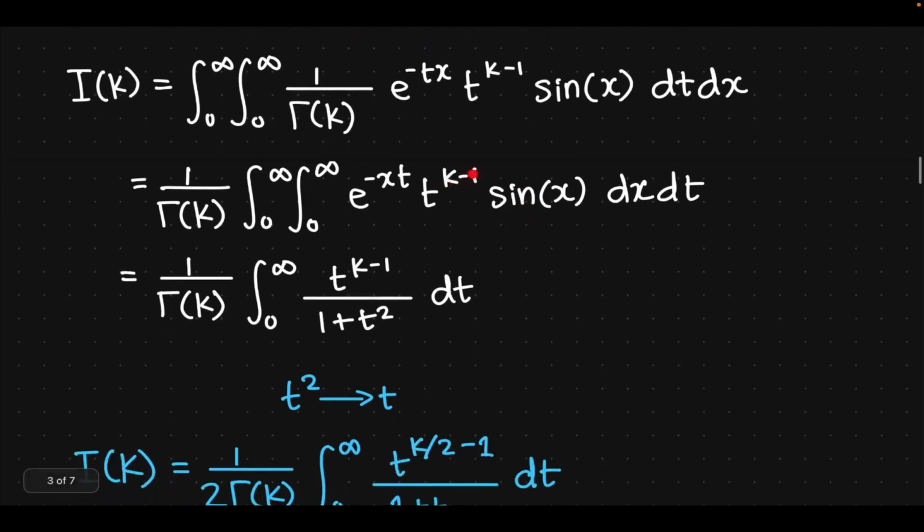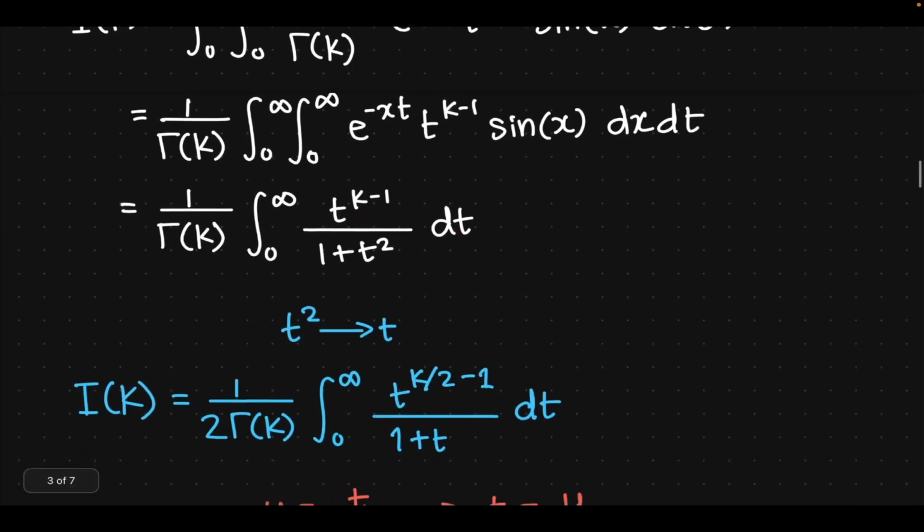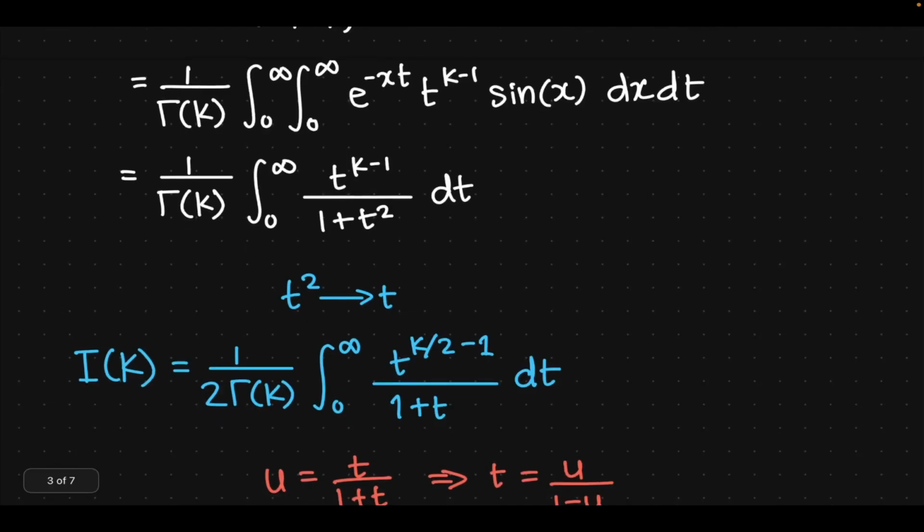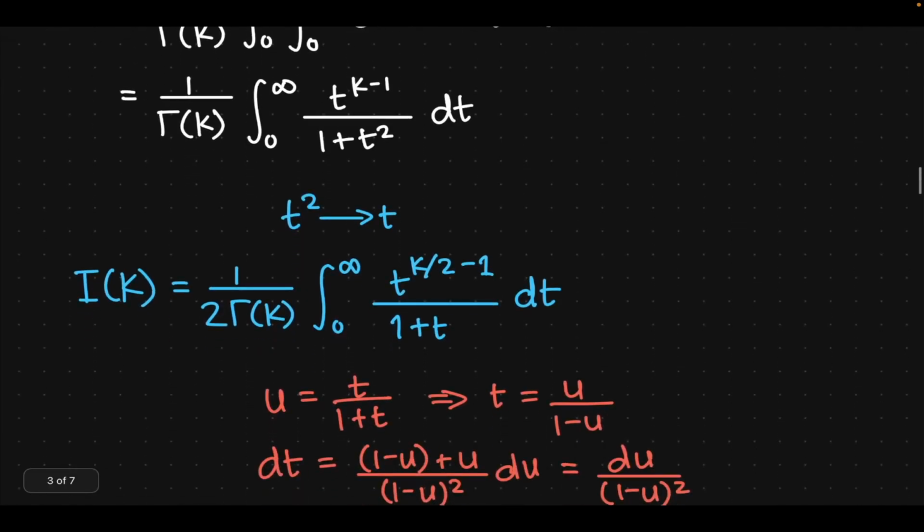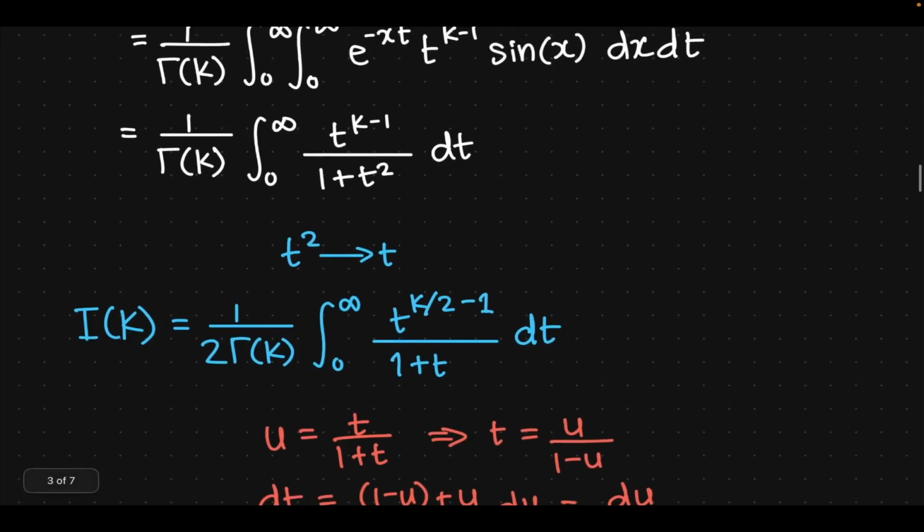And again, the t to the k minus 1 factor remains. But now we lost one integral. We are in the t integral from 0 to infinity of dt. So we see a square down there. We don't really like it that much. So what we can do is the substitution t squared goes to t.